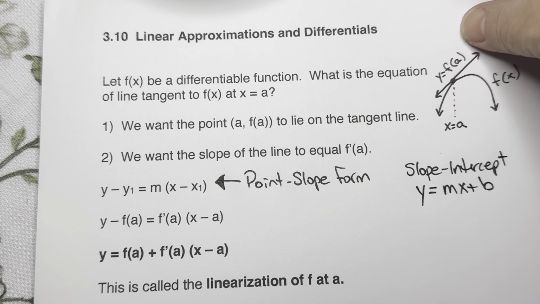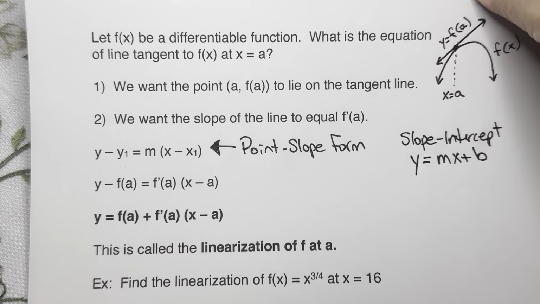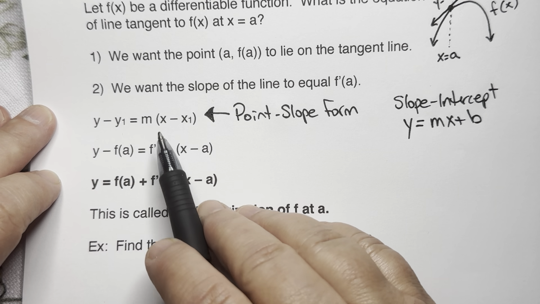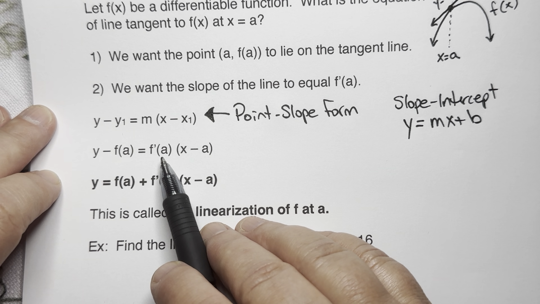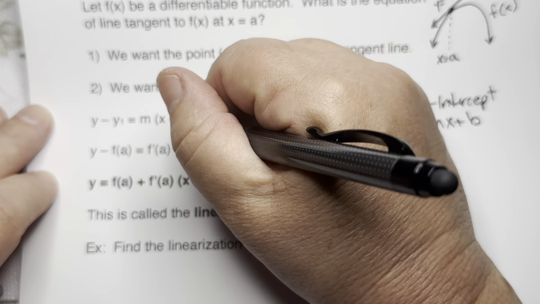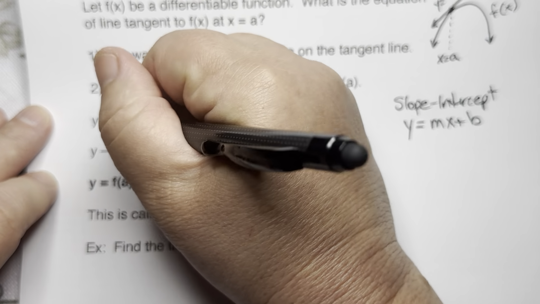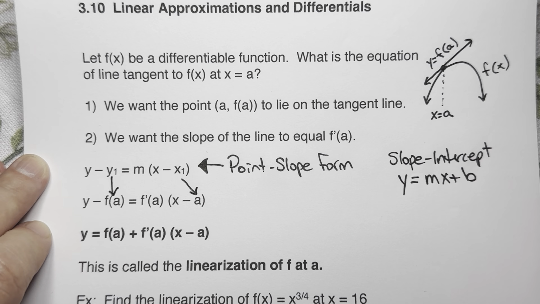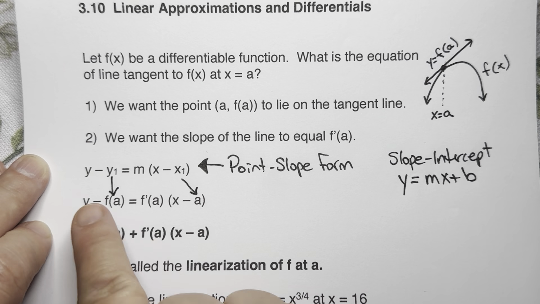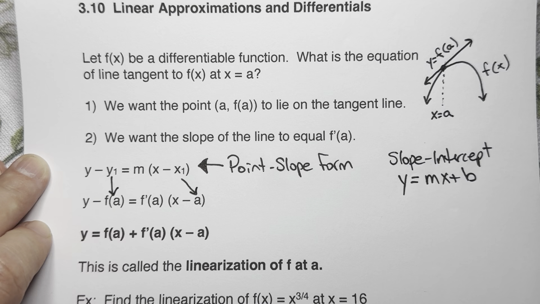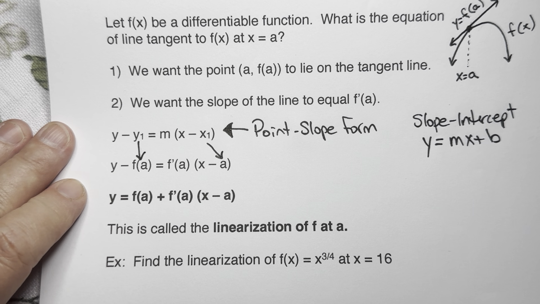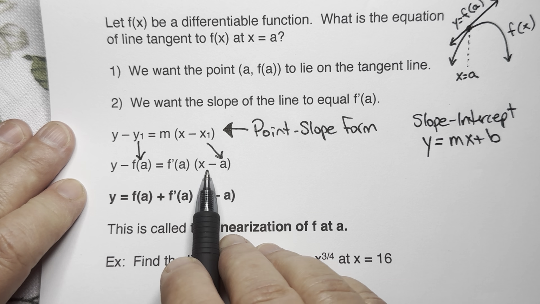Now, through the magic of television, we want the slope to be the derivative at the point a. We want x to be the point a, and we want y to be f of a. Everything we talked about over here, we now plug into the equation. Then the last thing we do is add f of a to both sides.